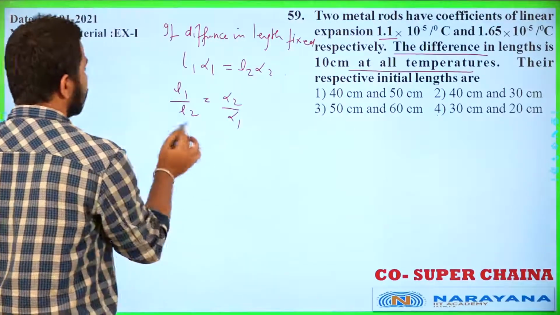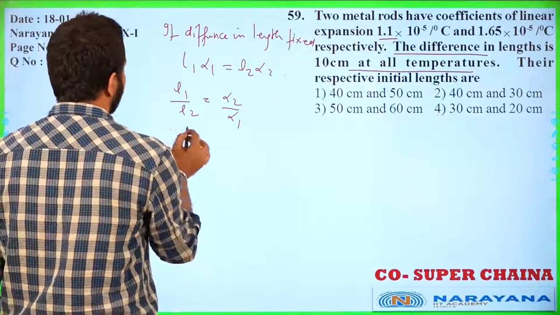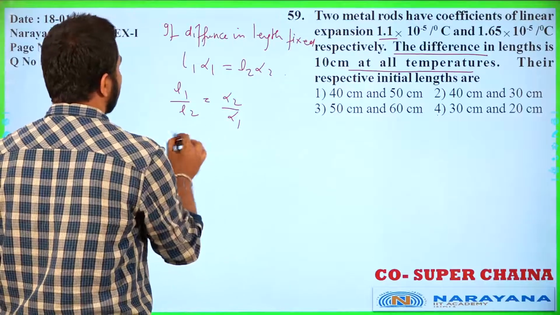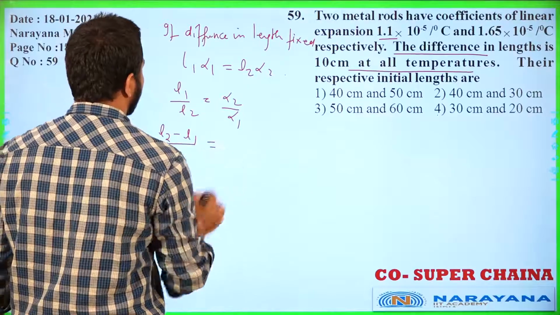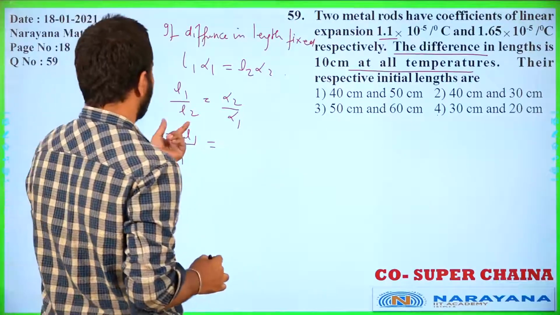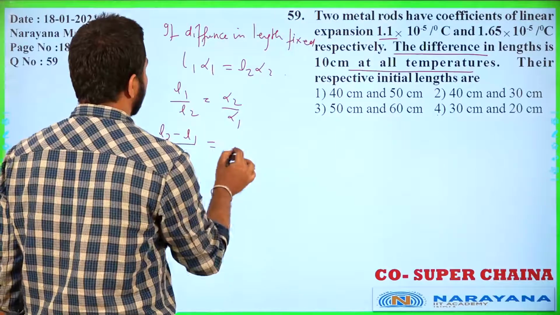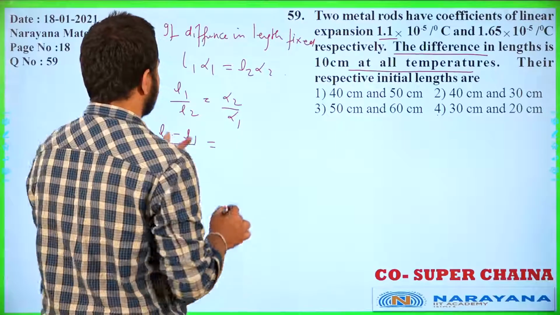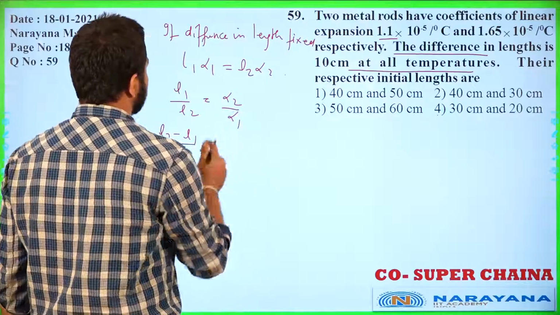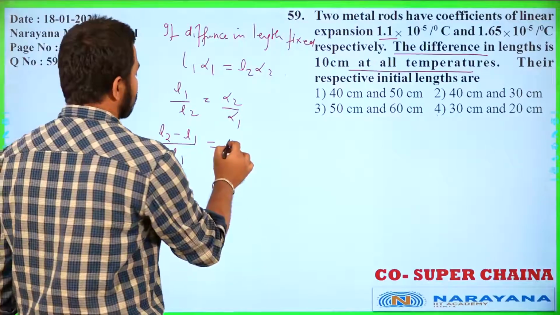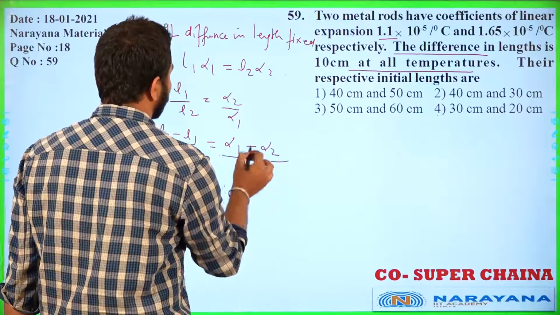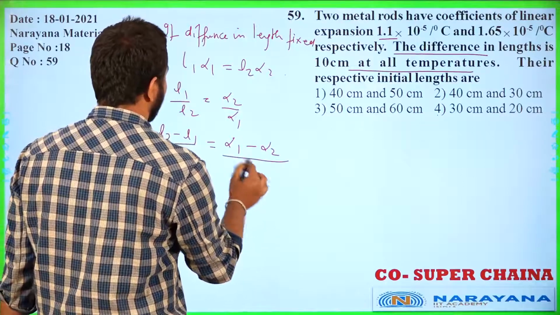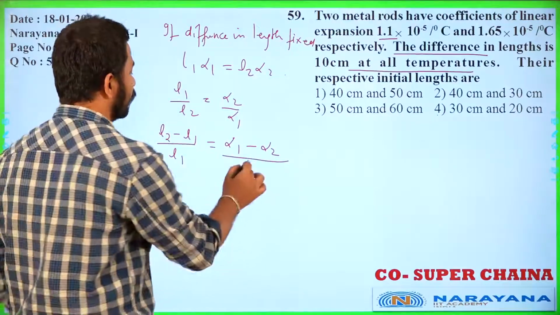Now if you take minus 1 both sides, we can write here L2 minus L1 by L1. This can be written as, just take the reciprocal and take minus 1, so it will be alpha 1 minus alpha 2 by alpha 2 here.